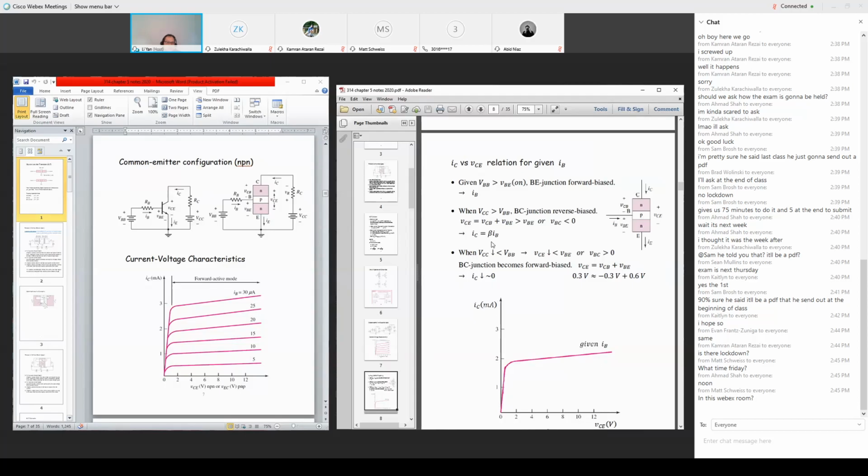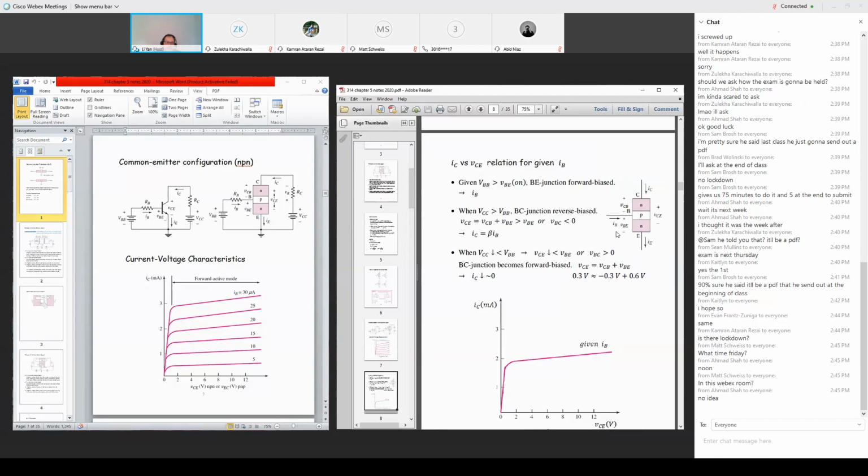Now I look at the situation where the base side condition doesn't change. So you have a given base current. Okay? You have a given base current. However, if I reduce the voltage of VCC, okay, the vertical arrow just says I intend to reduce the power supply voltage VCC.